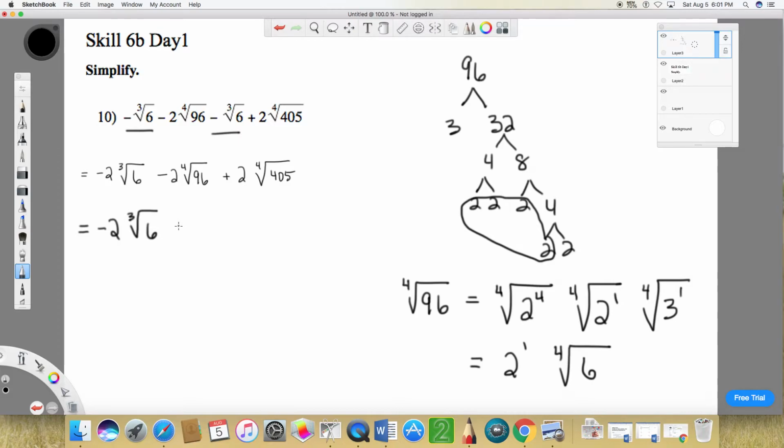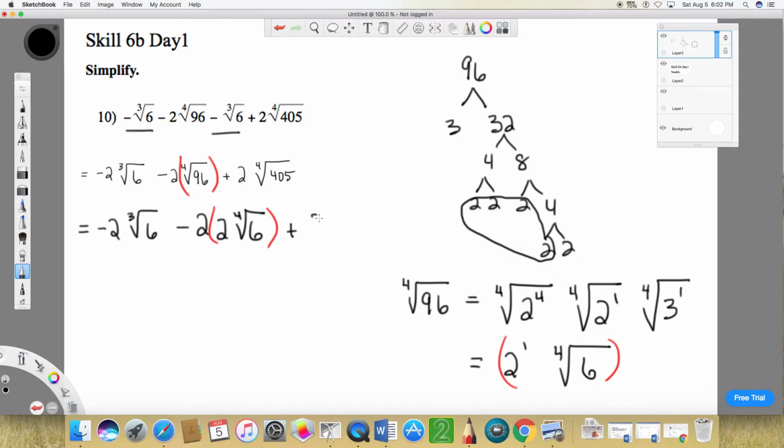And this second term here, I can replace. Be careful, we've got this 2 here. Don't confuse this first 2 with this second 2. It's 2 times the fourth root of 6.